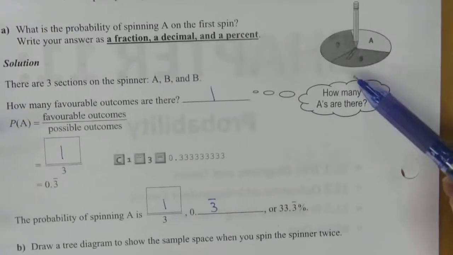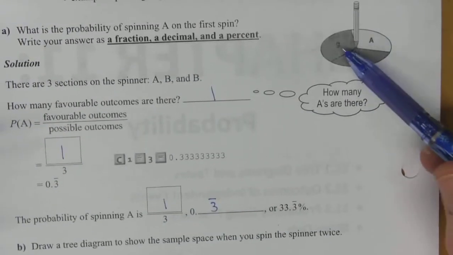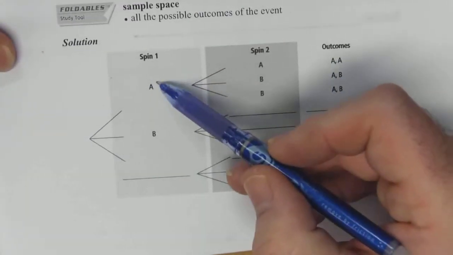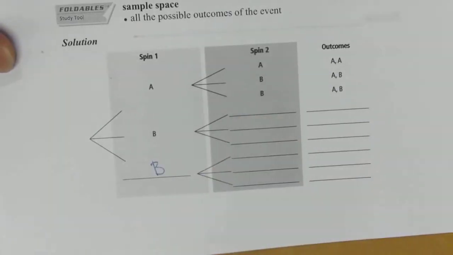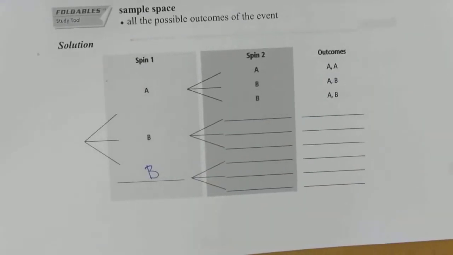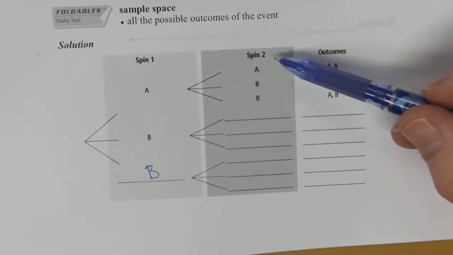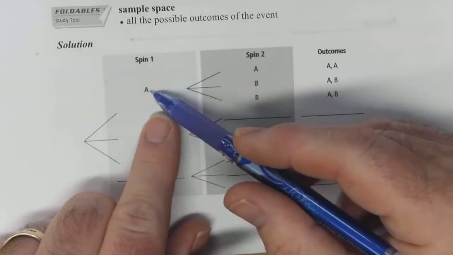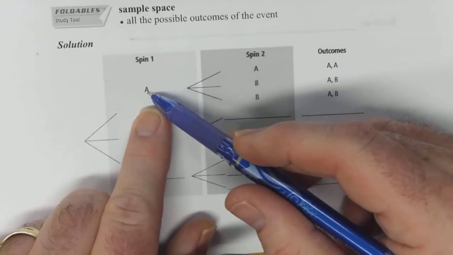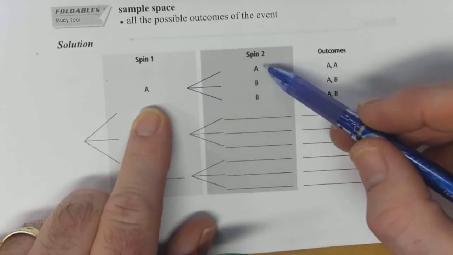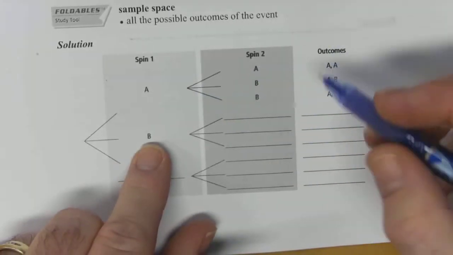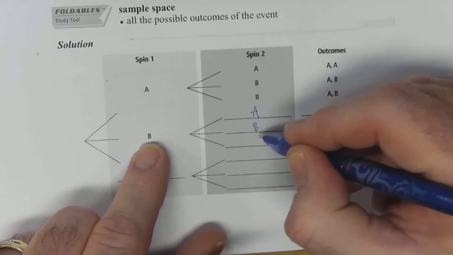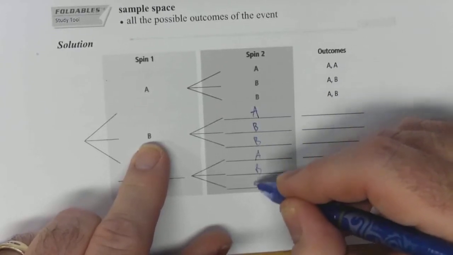In this case, we've got 3 possible outcomes, A, B, and B. So that's going to be what we indicate for our first spin. A, B, and B. So that's the first spin. The second spin also has the possibilities of A, B, and B, but you need to split this. We've got one possibility for spin 1, so spin 2 could be any of those. And then we just repeat ourselves, A, B, B, A, B, B.